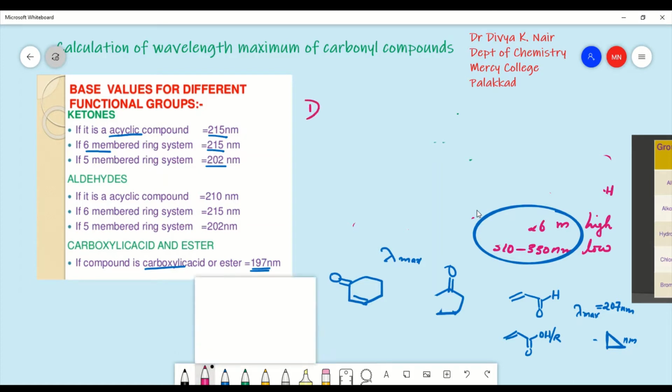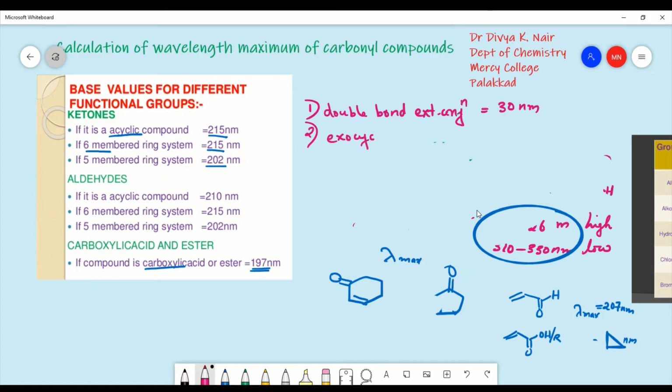For a double bond extending conjugation, the value was that you have to add 30 nanometer. Then if you have exocyclic double bonds, as in the previous cases you have to add 5 nanometer.